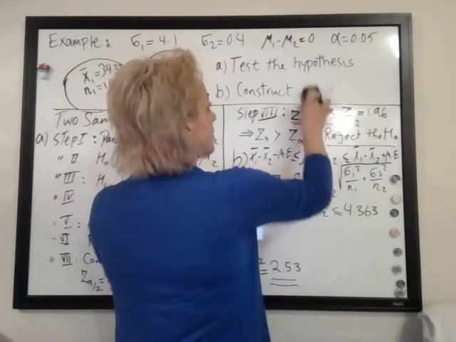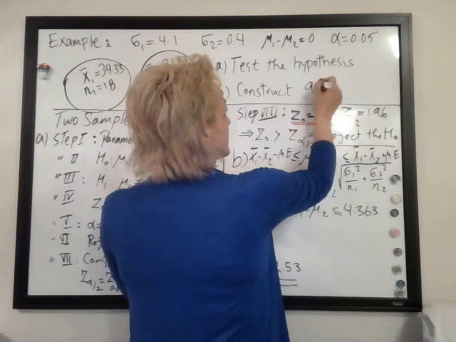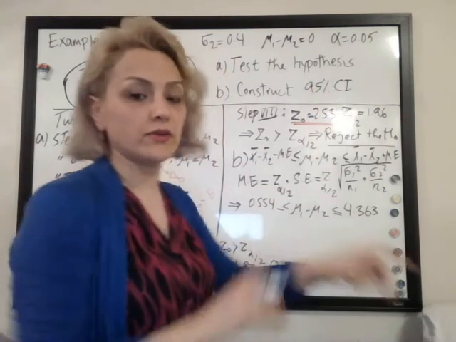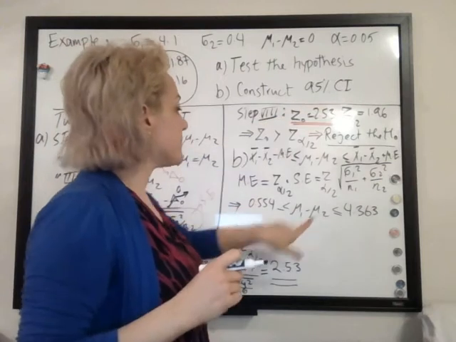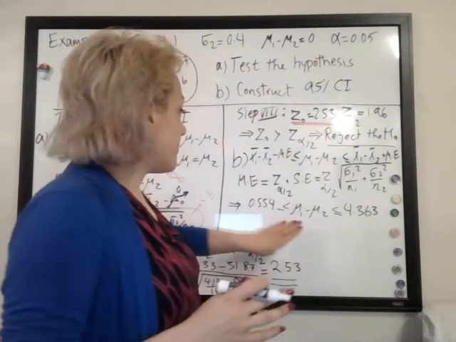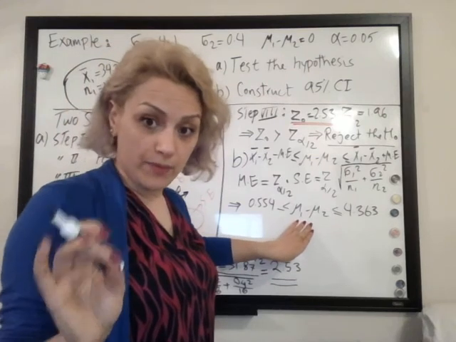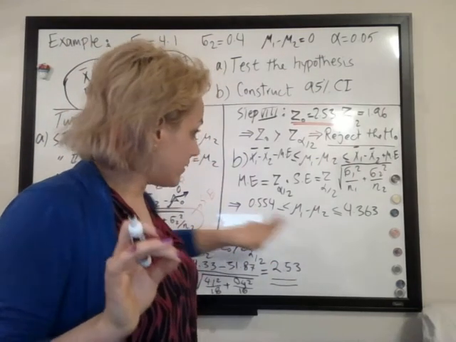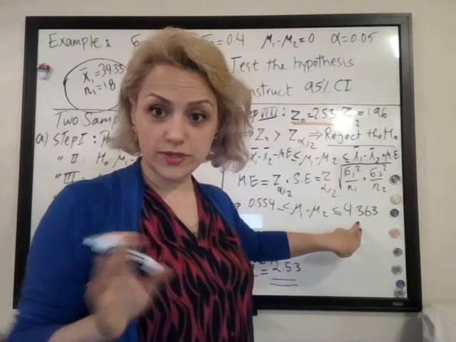Here I can write down construct CI or 95% CI, because we had the alpha here, so it would be okay if I just write down CI. So 95% of the time, the difference between mu1 and mu2 is going to be between 0.45 and 4.3. So there is no 0 in between.